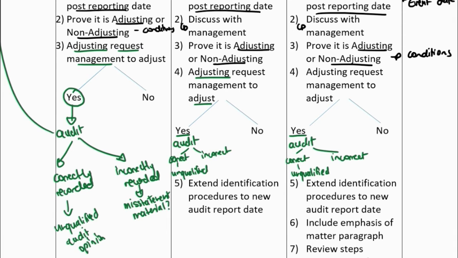And based on that, I will adjust my audit opinion. Because this could be just a small misstatement, but if it is a material misstatement, then I'm going to have to adjust the opinion.